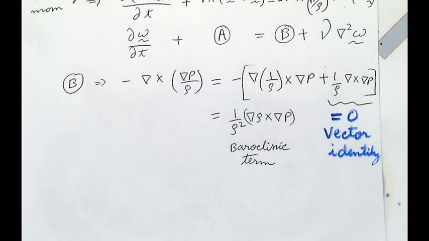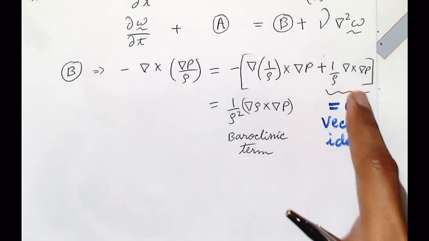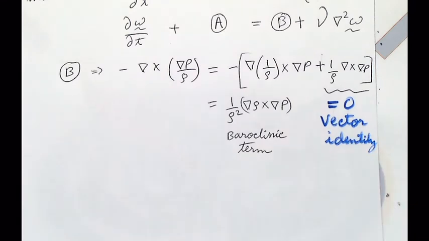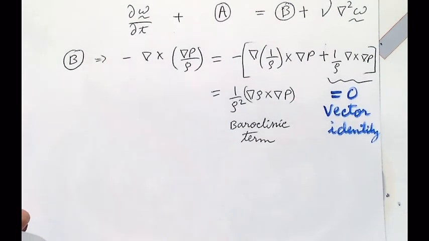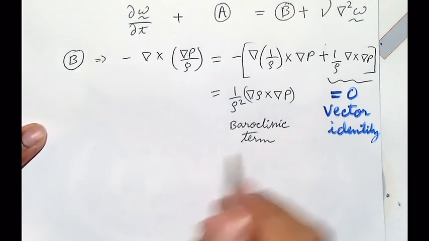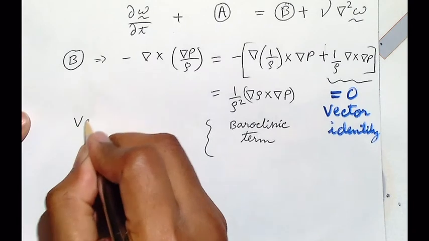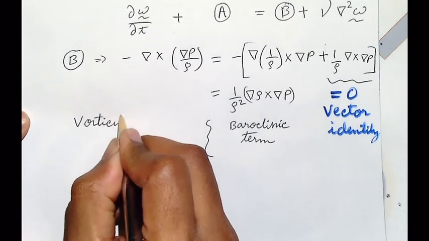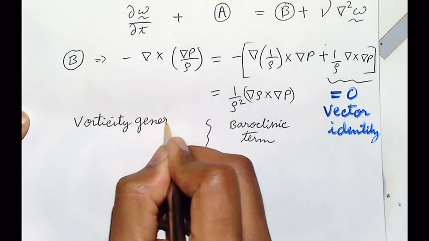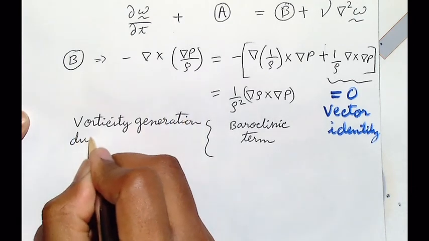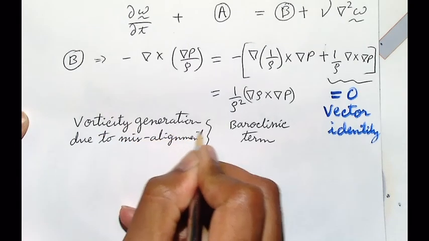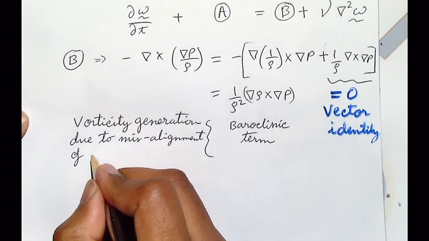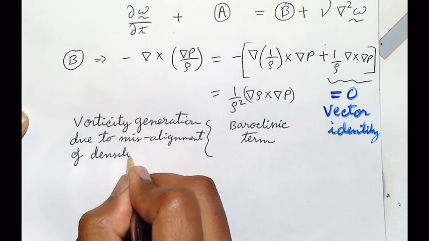Okay, so baroclinic term is basically vorticity generation, which might be positive or negative, due to misalignment of density gradient and pressure gradient.